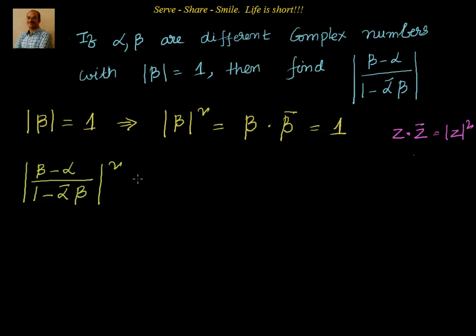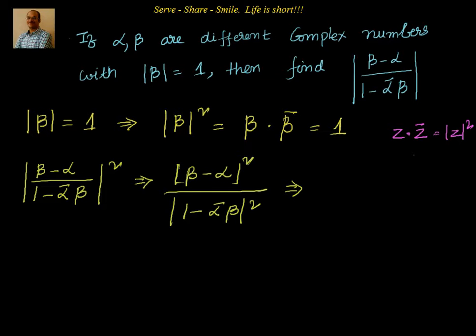If I square it, that's nothing but the complex number and its conjugate product. First let's separate them: modulus of beta minus alpha whole square divided by modulus of 1 minus conjugate of alpha into beta whole square. We can do that because we know that modulus of z1 by z2 is equal to modulus of z1 by modulus of z2. We can leverage that property.